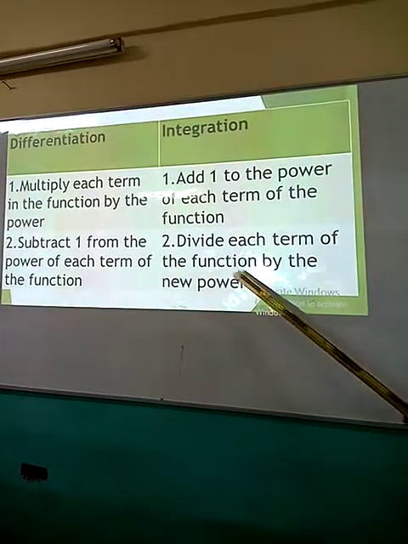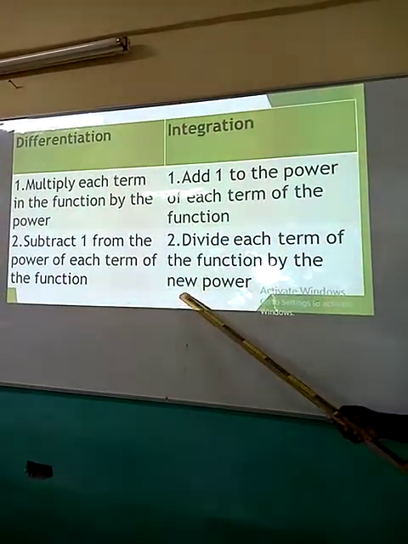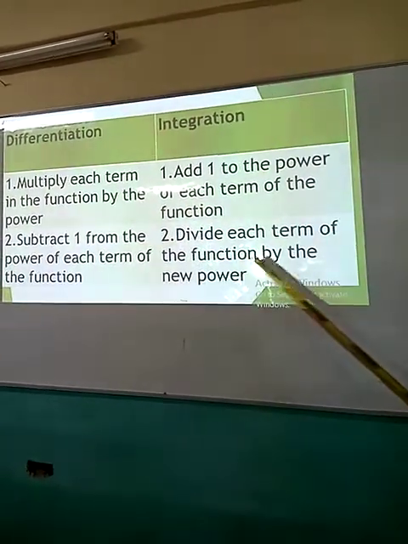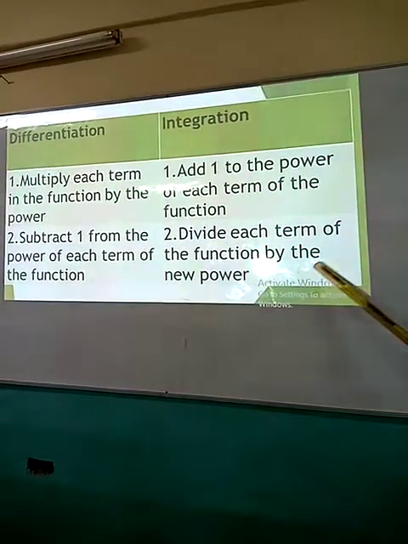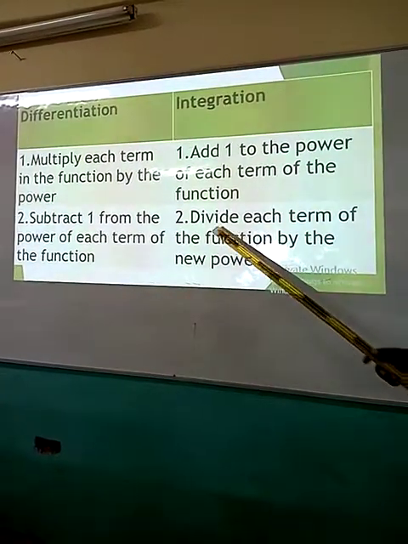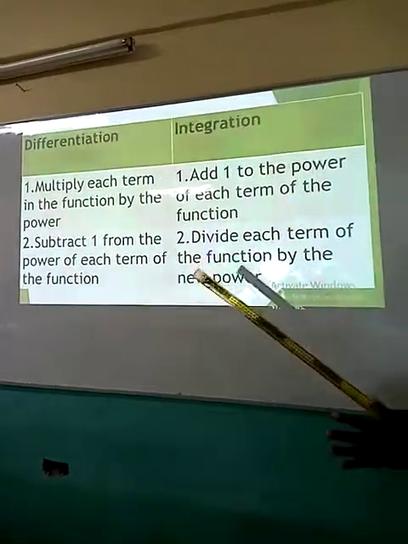Then finally, we divide each term of the function by the new power. Remember, we had multiplied by some power. Now to remove that term, we have to divide each term of the function by the new power. And I'm talking about dividing each term because we are going to have functions that have more than one term.